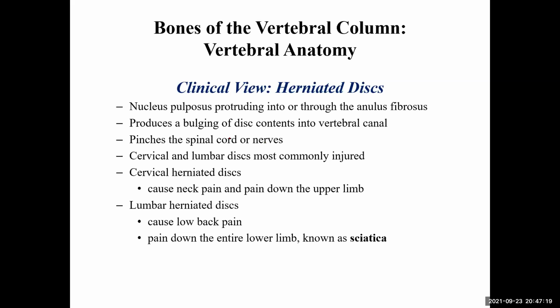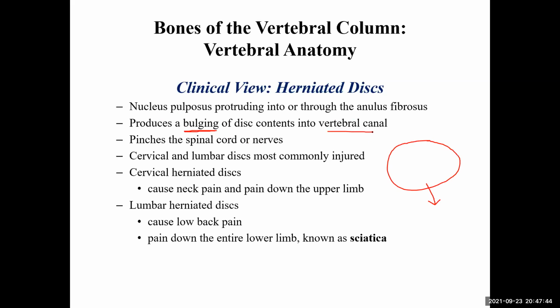So you can get it where it doesn't squirt out, where it just causes a bulging, basically like if you were to puff your cheeks out. Or you can get a herniation, and that's basically when the jelly components of the intervertebral disc squirt out. And normally it'll squirt out posteriorly into the vertebral canal.